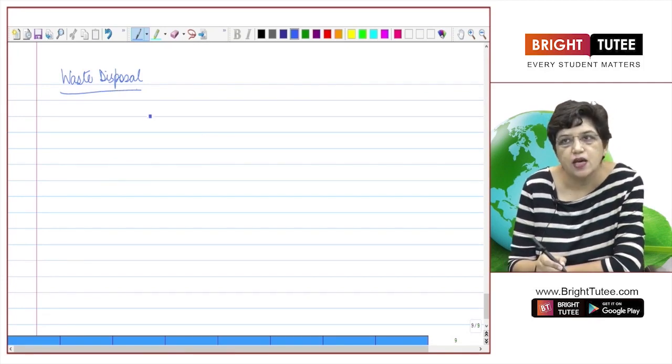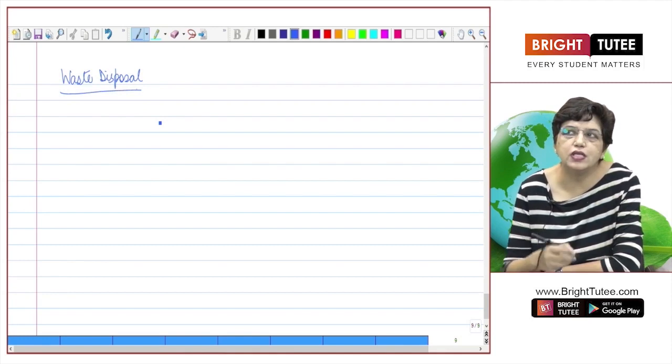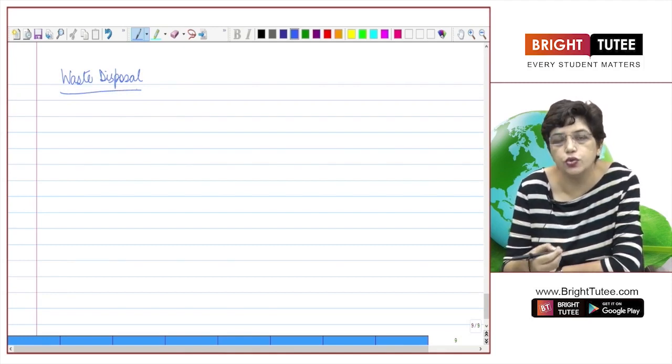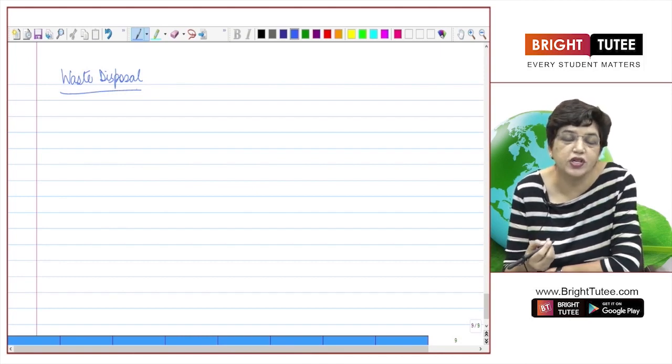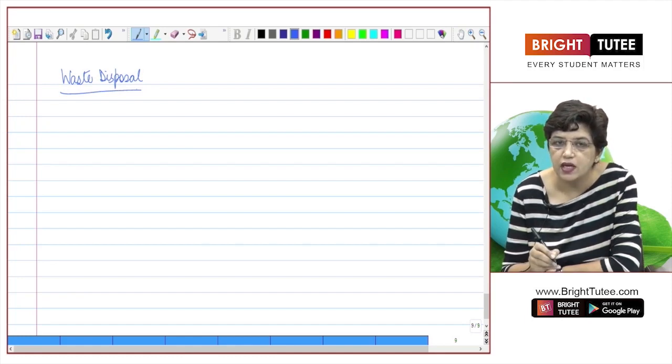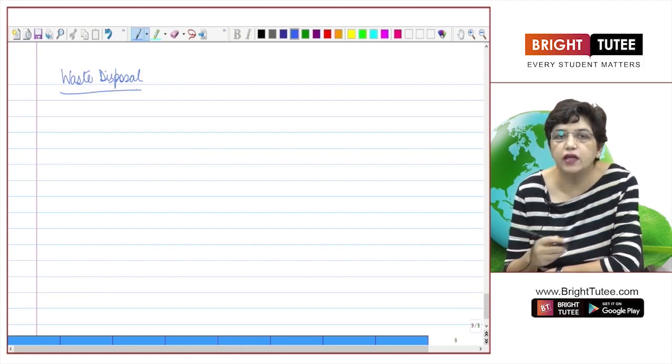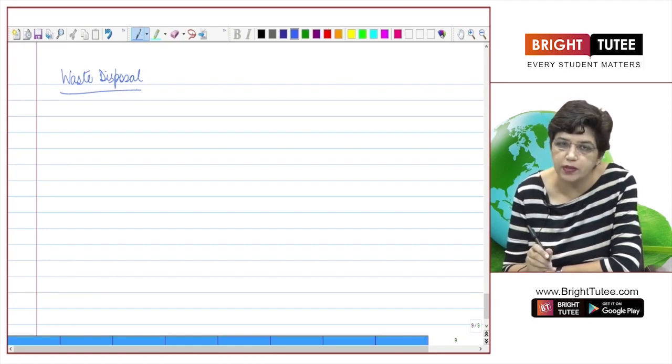Nowadays, because of our lifestyle or because of hygiene, there is a lot of increase in the usage of disposable plastic things like plastic spoons, disposable plates, disposable cups, water bottles, straws, everything. This is because of our new lifestyle. But have you ever thought that this is actually harming the environment? Millions of cups are generated every day and their disposal is a big problem.